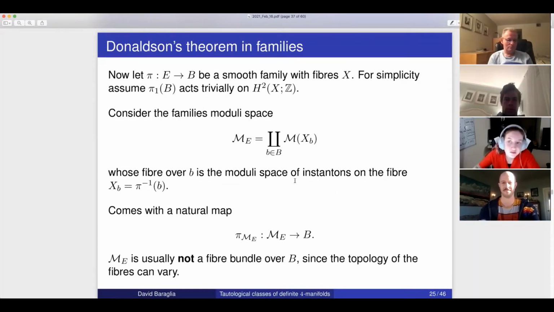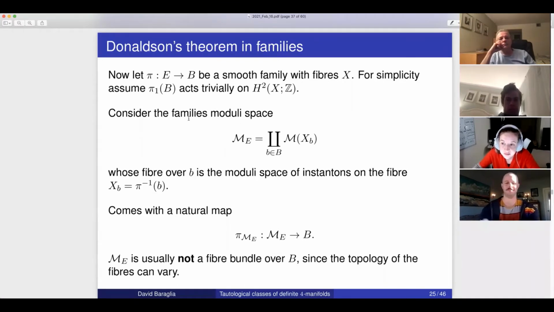Okay, so now we think about what happens if you do this for a family. Suppose we have a smooth family with fibers this definite 4-manifold X, and assume for simplicity that the monodromy acts trivially on H2, and we consider the family's instanton moduli space.